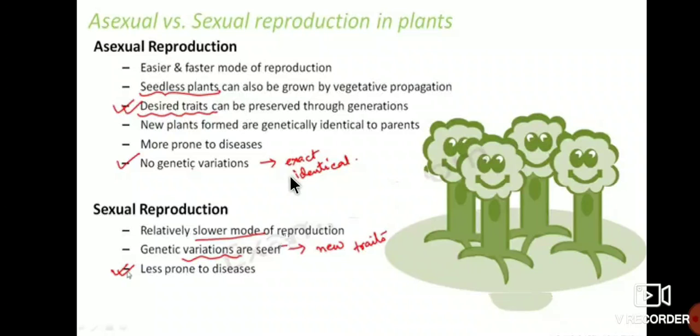That means the plant obtained by asexual reproduction has the same characteristics as the parent plant. But sexual reproduction is a relatively slower mode of reproduction. In this one, genetic variations occur, so new traits and new varieties are formed. So here there will be more diseases.